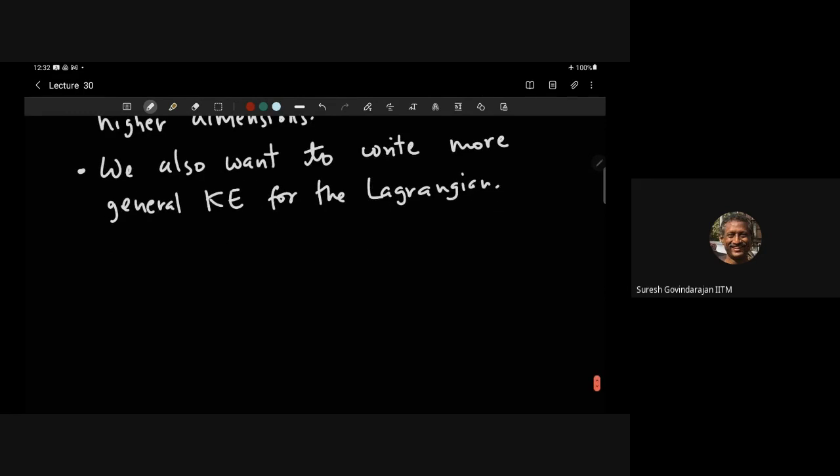So let's try to write something. L should be a function of the qi dots and q's. I will call this half.